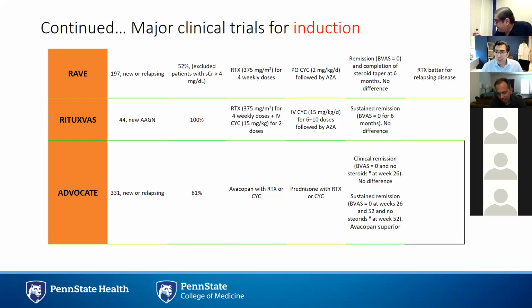The remission, using the BVAS scoring system, was a score of 0 and completion of steroid taper at 6 months. So there was no difference. RAVE actually was better for relapsing disease. So in summary, in RAVE they compared rituximab with cyclophosphamide, and it was non-inferior, even better for relapsing disease. So now you have a good alternative from the RAVE trial.